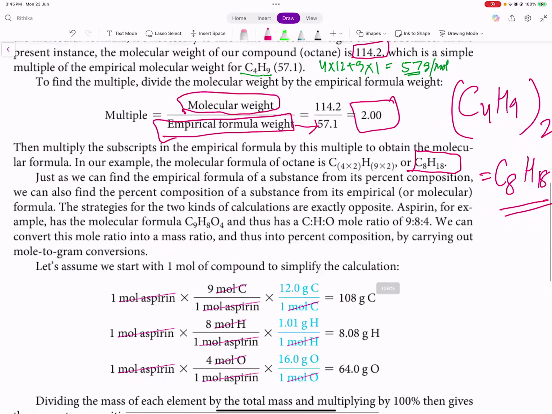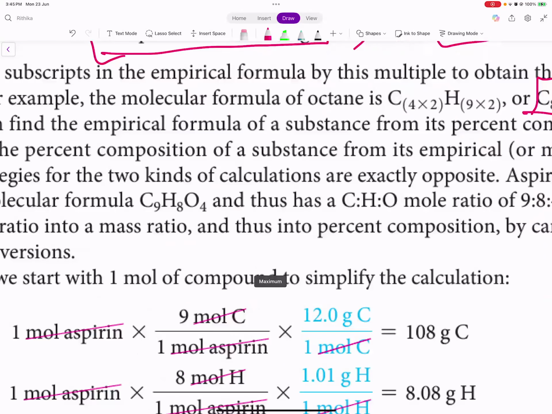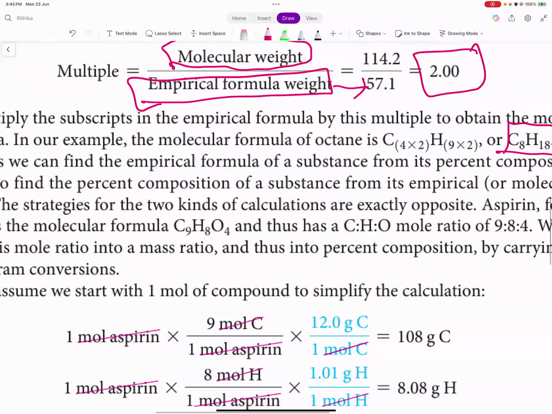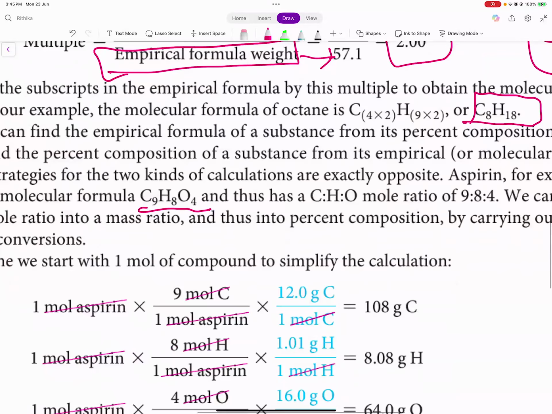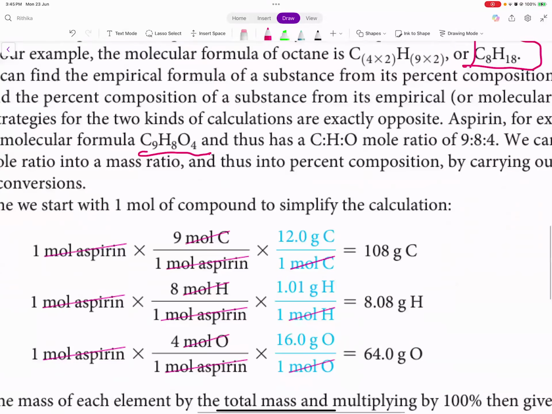Next, if we have to calculate the percentage composition, percent by mass, then it is very simple. Suppose I know the formula C9H8O4 and I am asked to calculate the percentage of carbon, hydrogen and oxygen. First, I calculate the total mass, which will be 180.